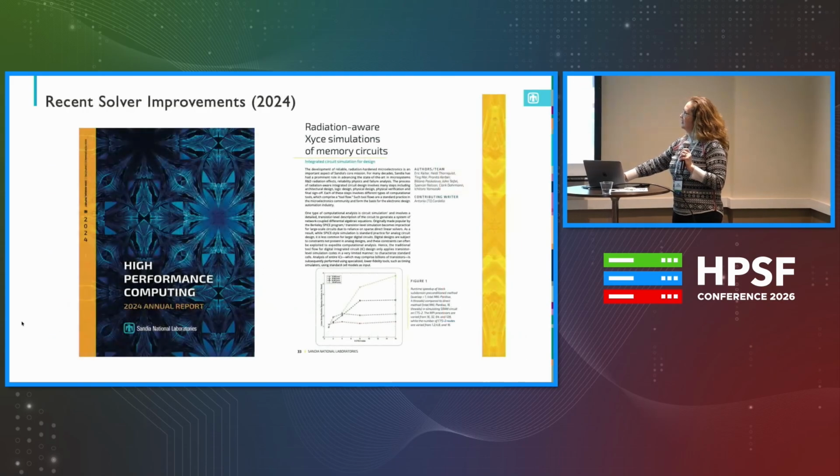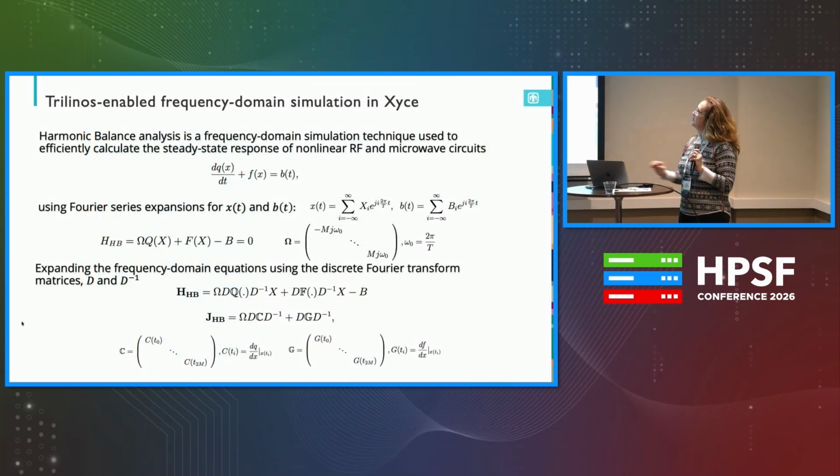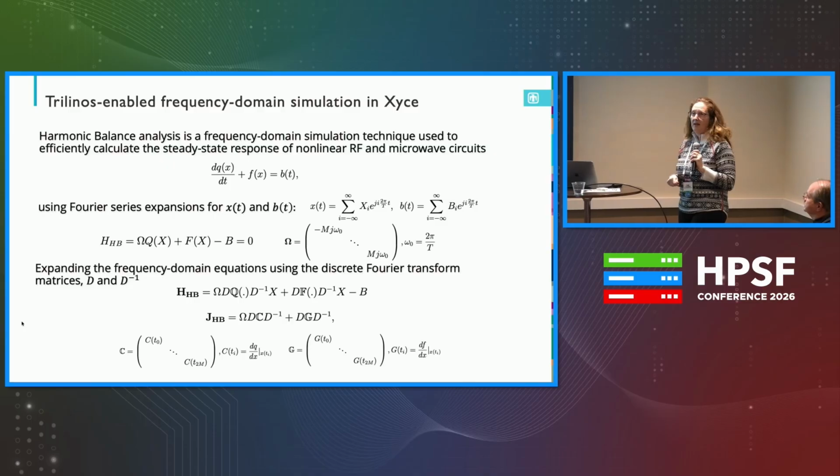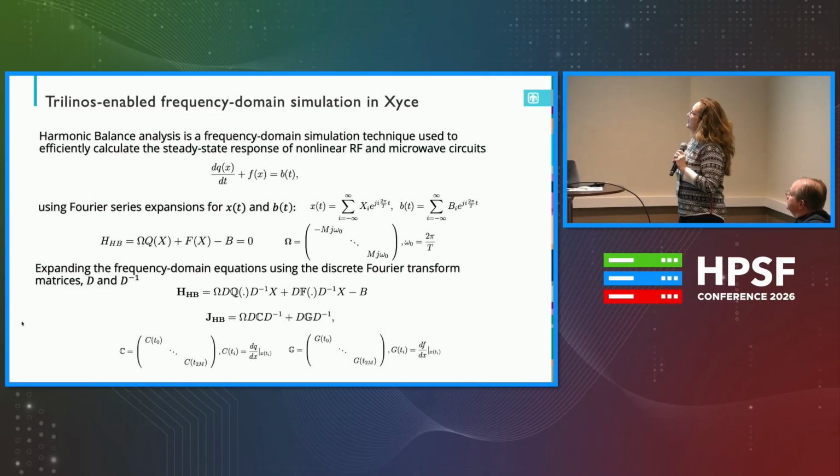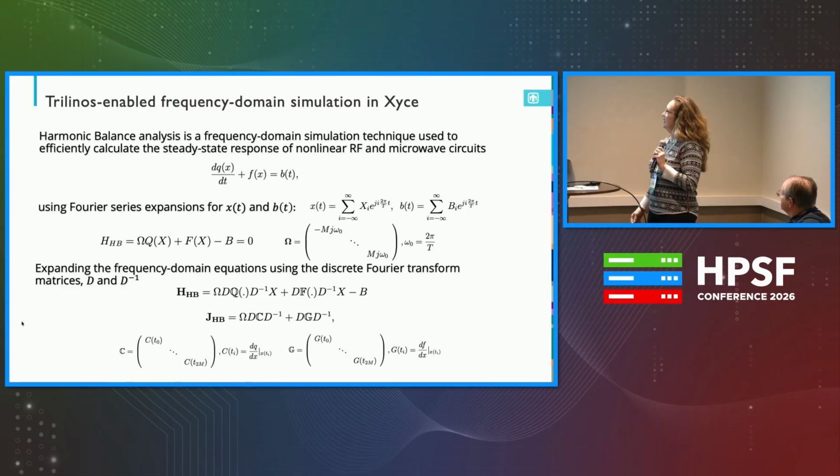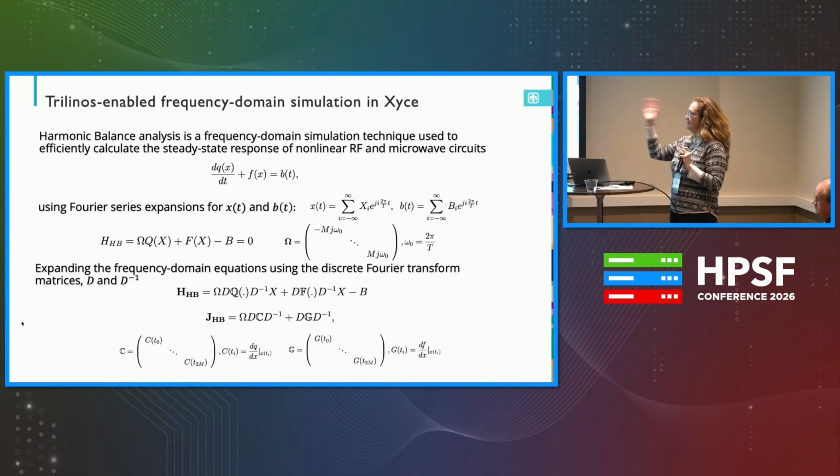And that is actually what we use to develop a bespoke frequency domain simulator in Xyce. If you're using harmonic balance in Xyce, basically you're taking that set of DAEs, and you do a Fourier expansion of x(t) and b(t), the forcing term in the solution, and then you get this new blocked system.